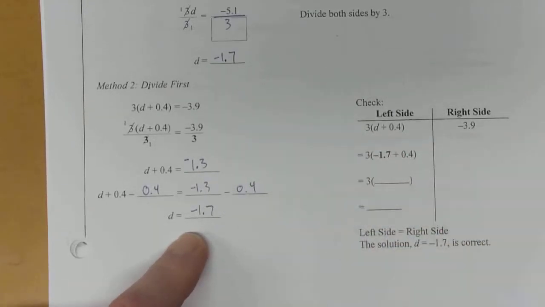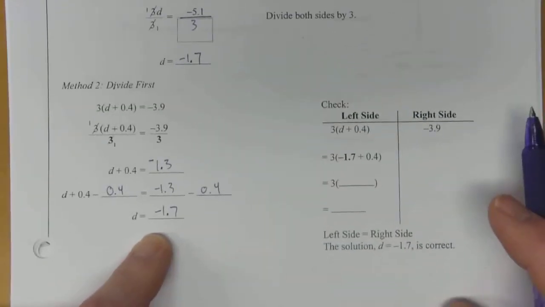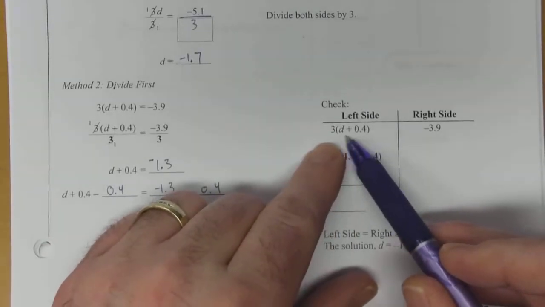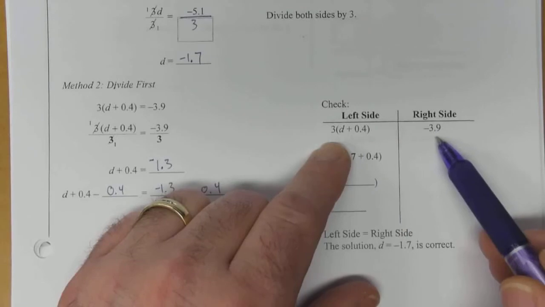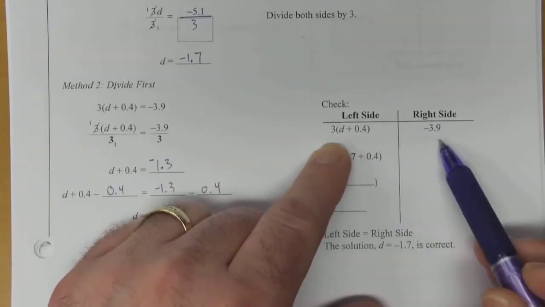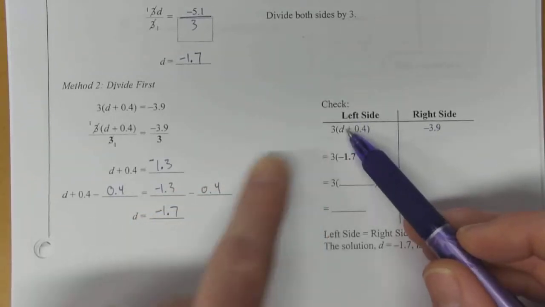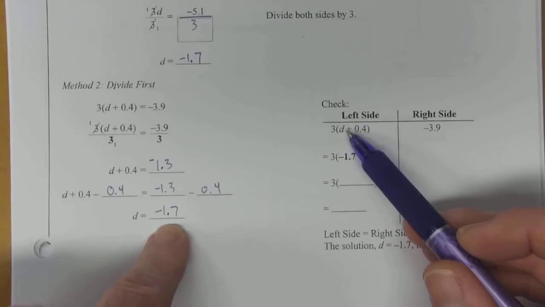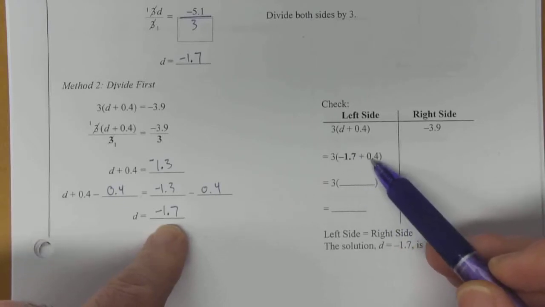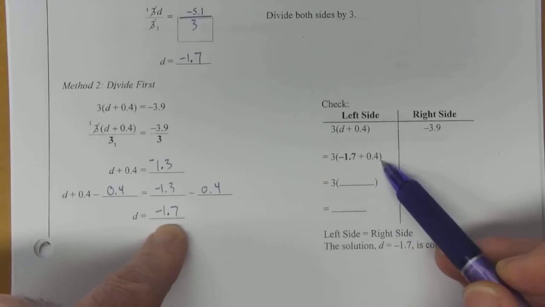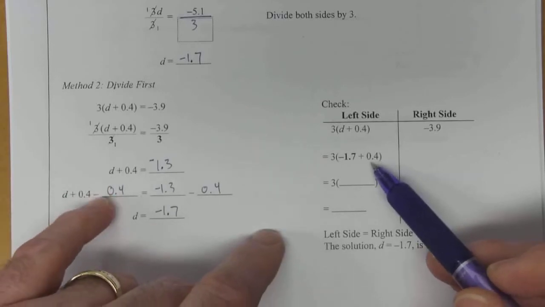If that wasn't enough of a check, we can still go back and check it again. Here's the original equation. 3 times d plus 0.4 is equal to negative 3.9, left side, right side. So substituting our calculated value every time we see a d over here. So then 3 times, with the brackets, negative 1.7 plus 0.4, close brackets. That's the left side. So let's figure this out.